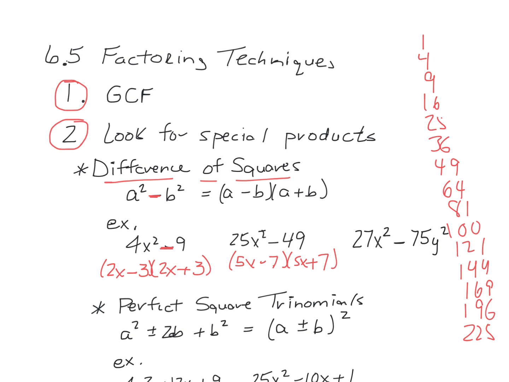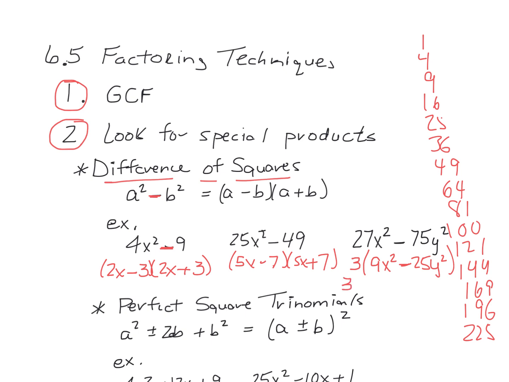is to take out what's common. And I can see that we could take a 3 out of both of these terms, and I'd be left with 9x squared minus 25y squared. And this is an example of difference of squares.